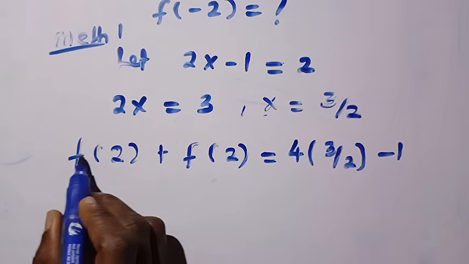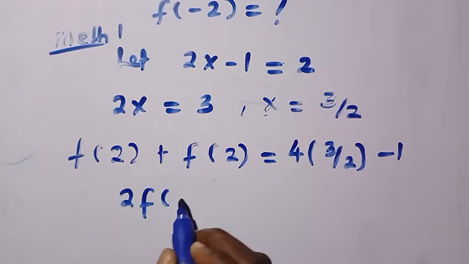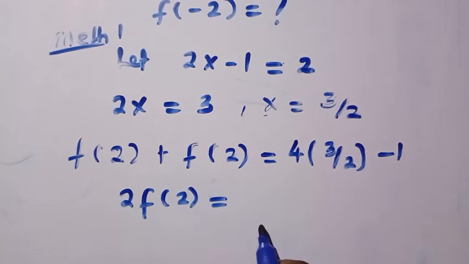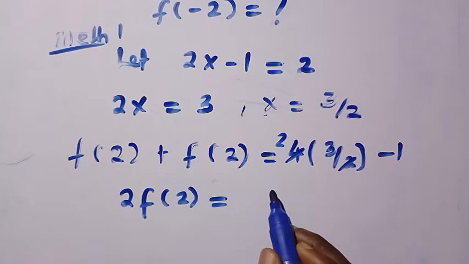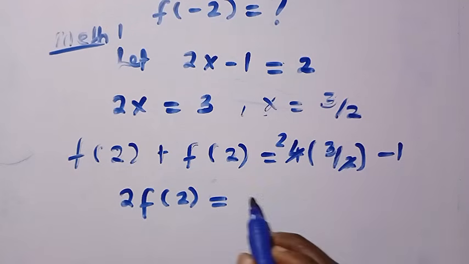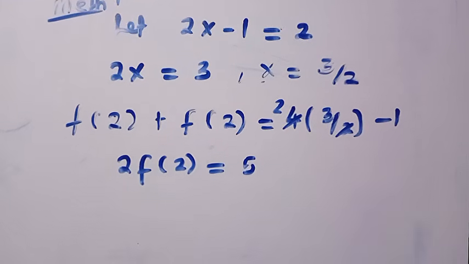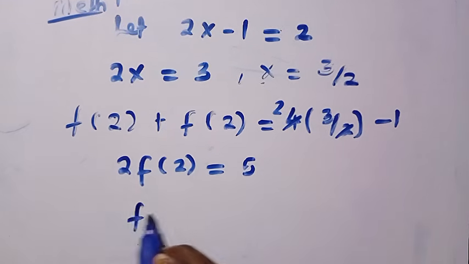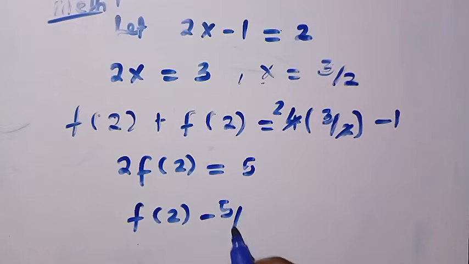Having this, we have f of 2 plus f of 2, this is 2f of 2 equals 2 in the 4, that gives us 2, and 2 multiplied by 3, that is 6. Then 6 minus 1 gives us 5. And from here, by making f of 2 the subject, we have 5 divided by 2 as f of 2.